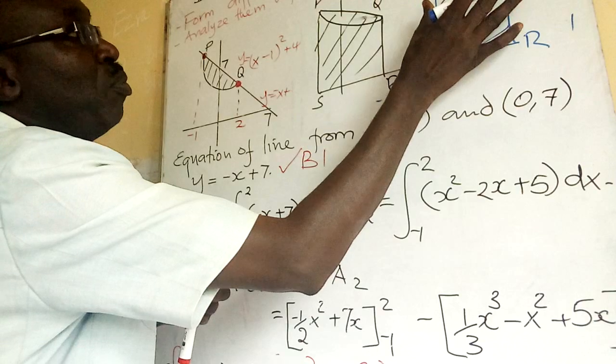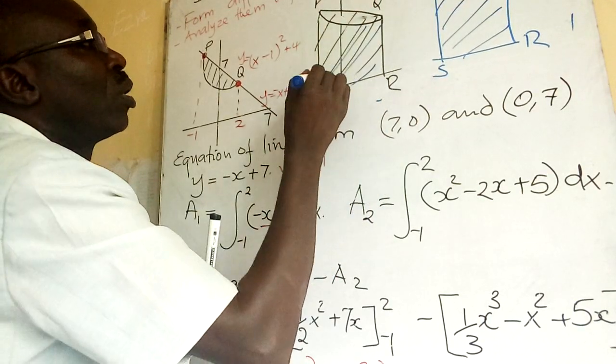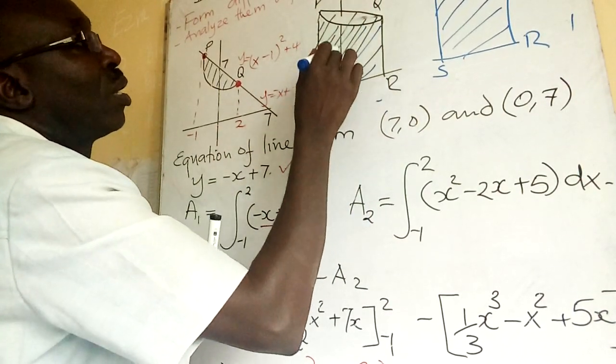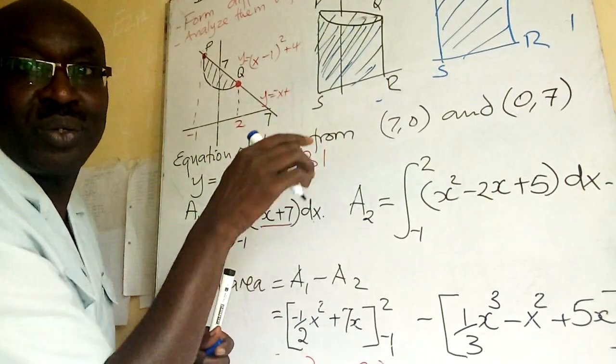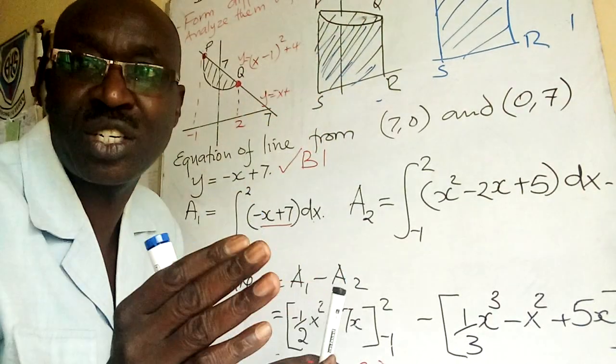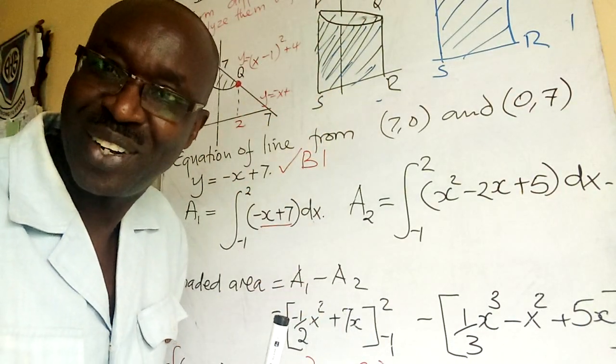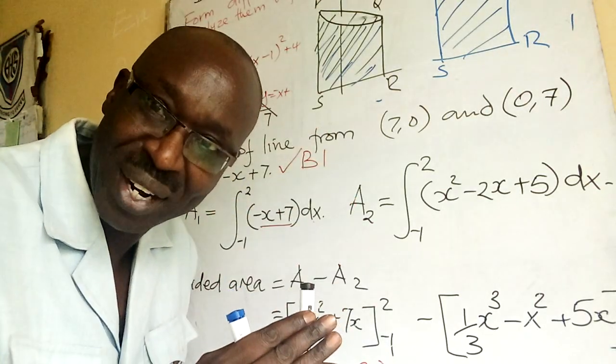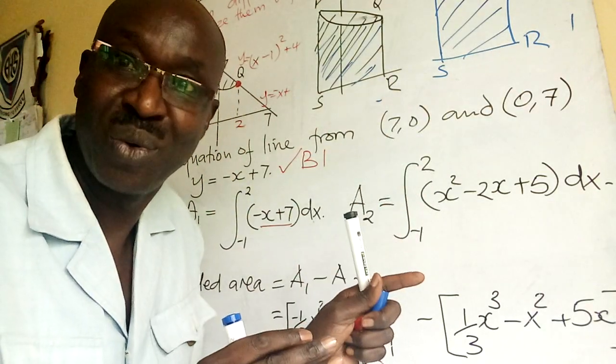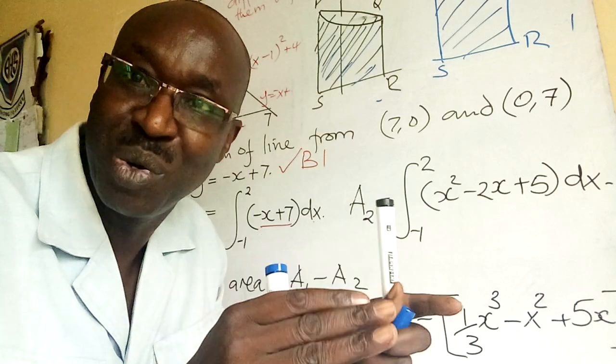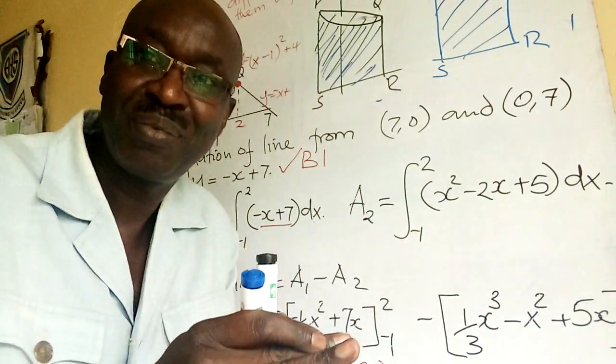There, the blue. You see, it is only this part that has no double shading. Okay? So I took the big one minus blue, then without double shading is the answer.